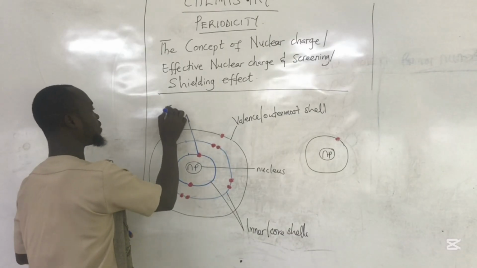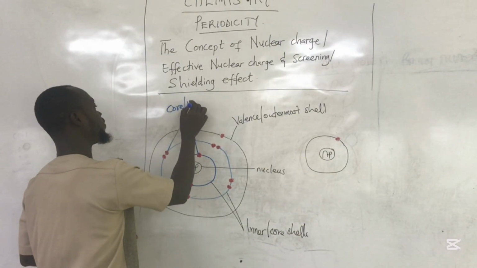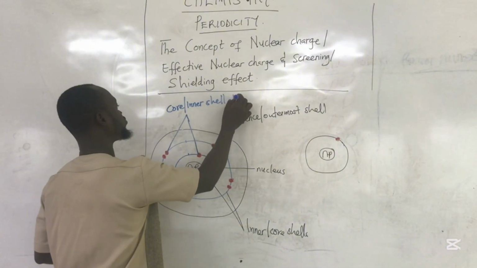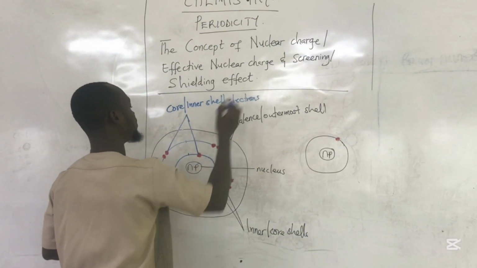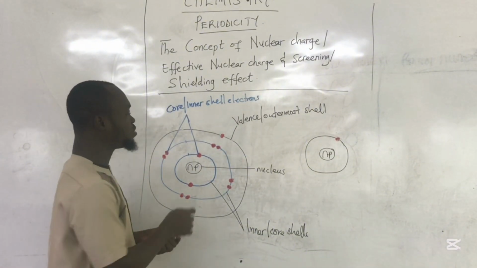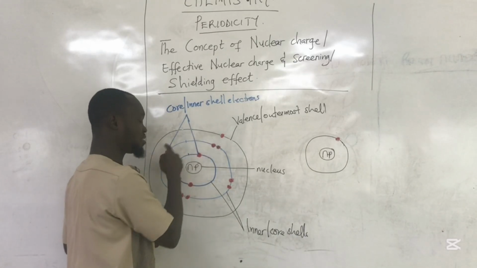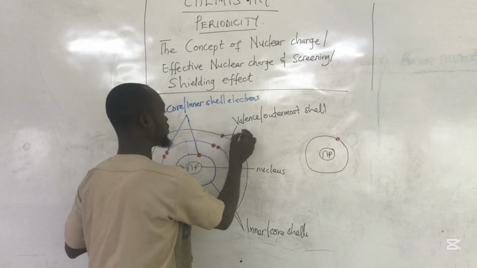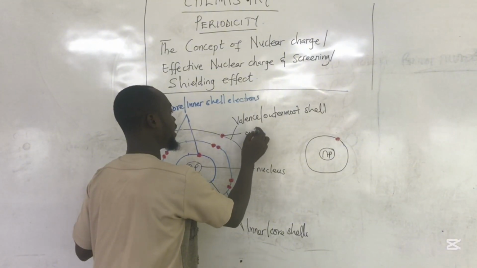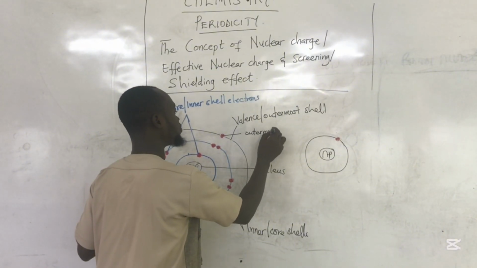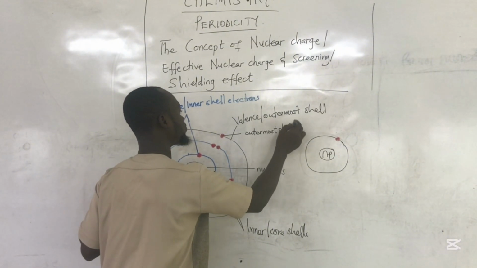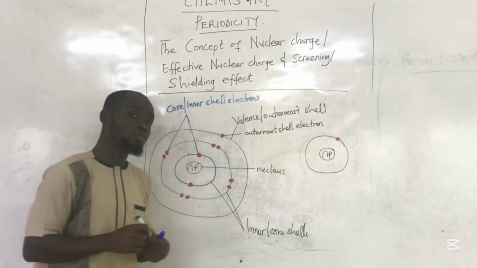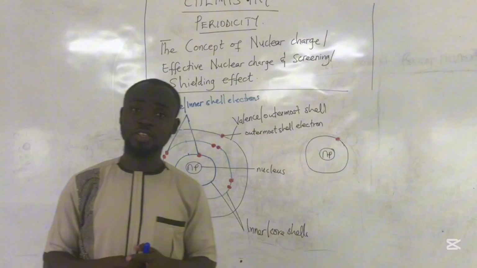They all represent the core or the inner shell electrons. And then the electron that is found on the last shell, which is called the outermost shell, becomes the outermost shell electron, or we can call it the valence shell electron.